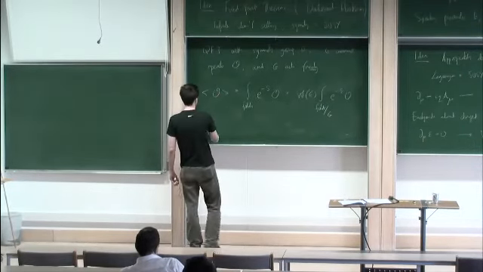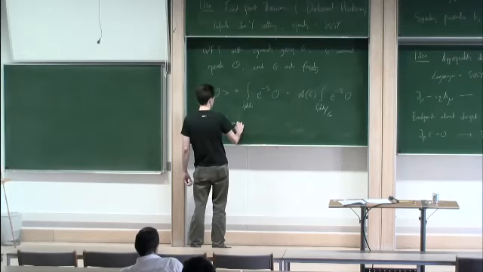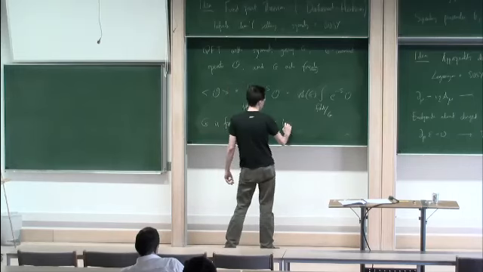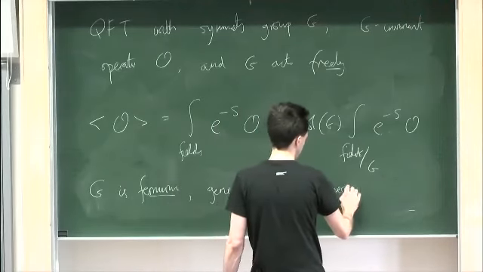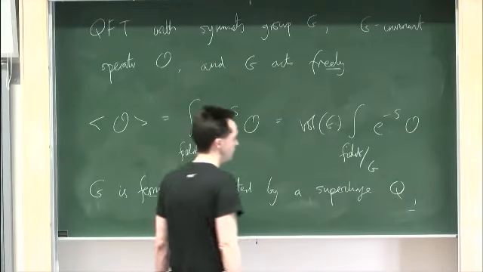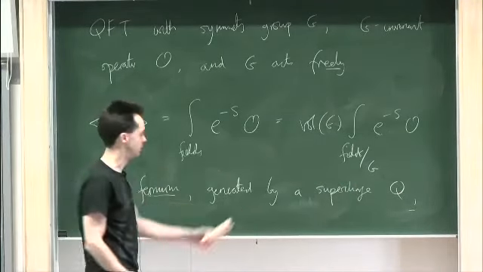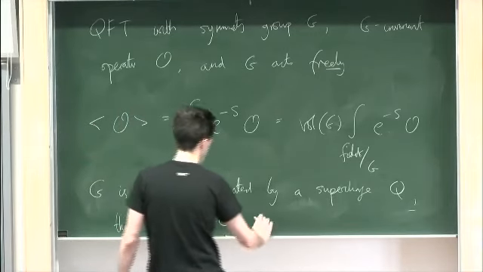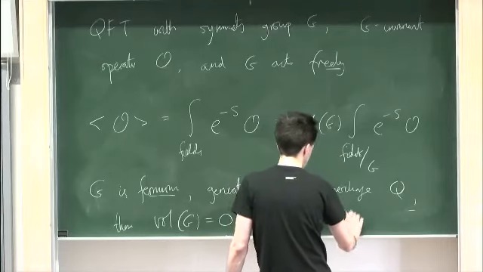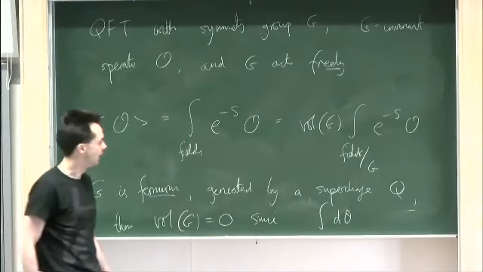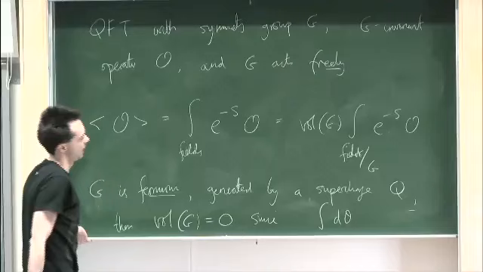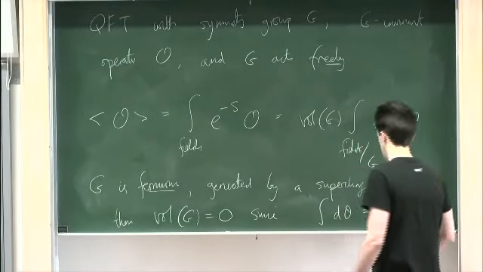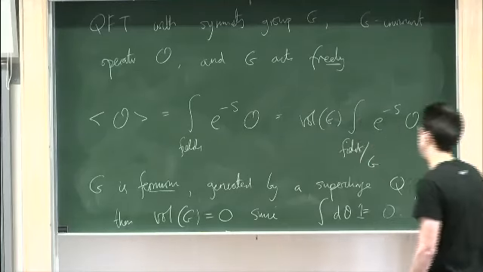Okay, but if G is fermionic, so that means it's generated by a supercharge Q, then formally this volume is 0. Then the volume of G is 0, since if you introduce some collective coordinate theta along the one parameter group generated by this supercharge, well, because it's a Grassmann variable, the integral of 1 d theta is equal to 0.